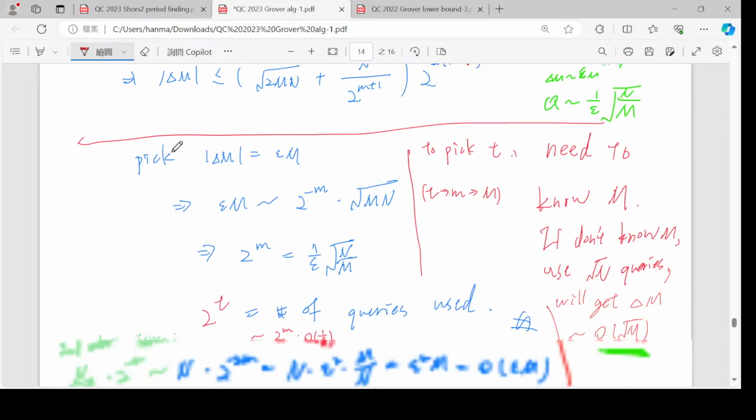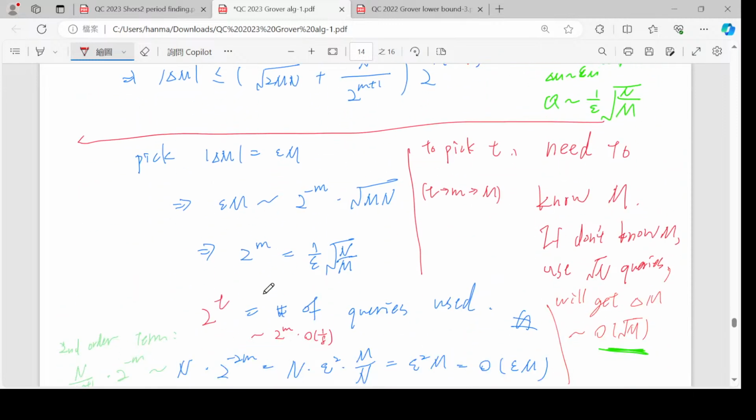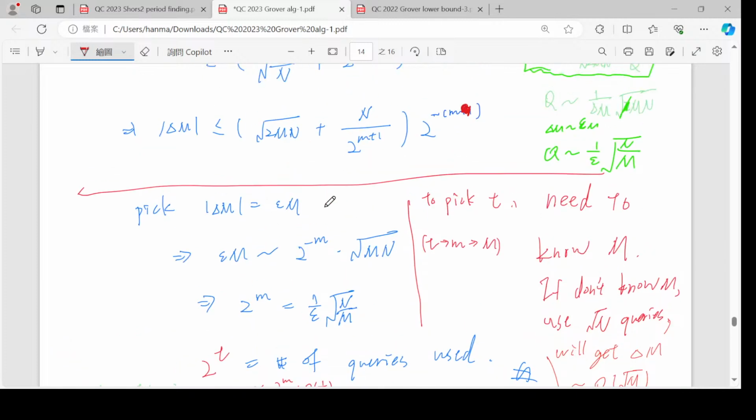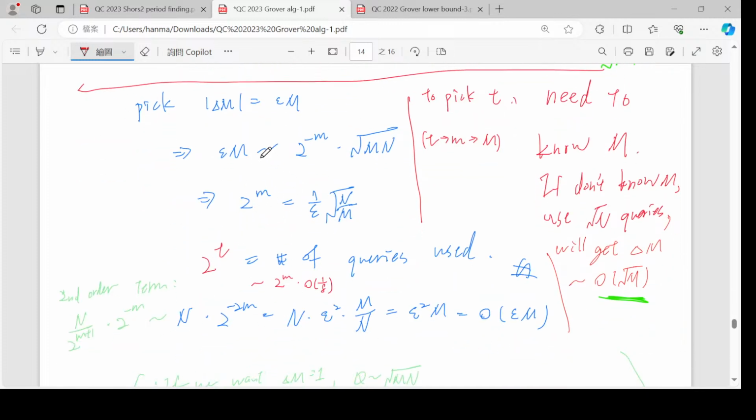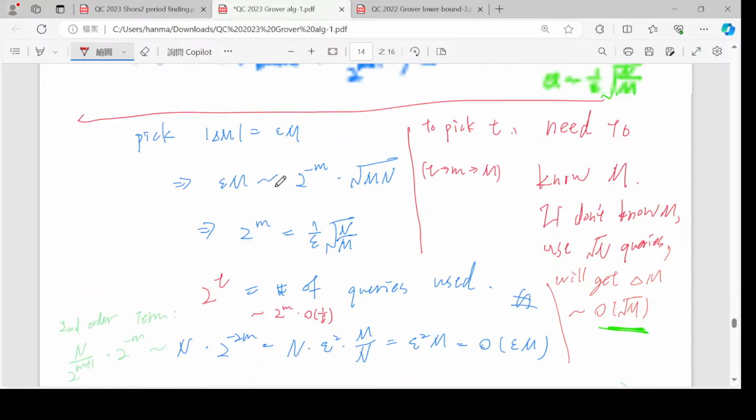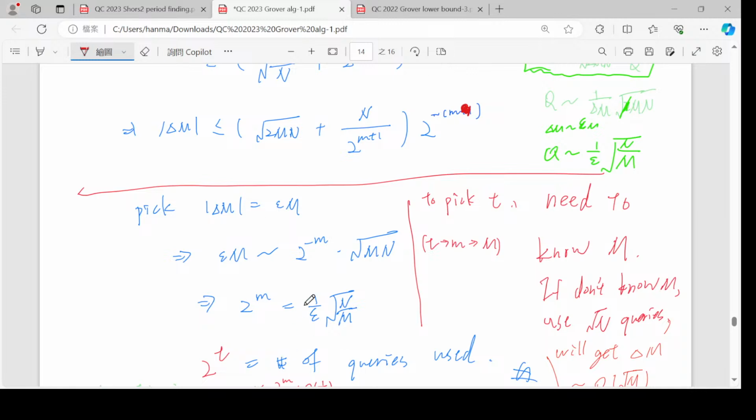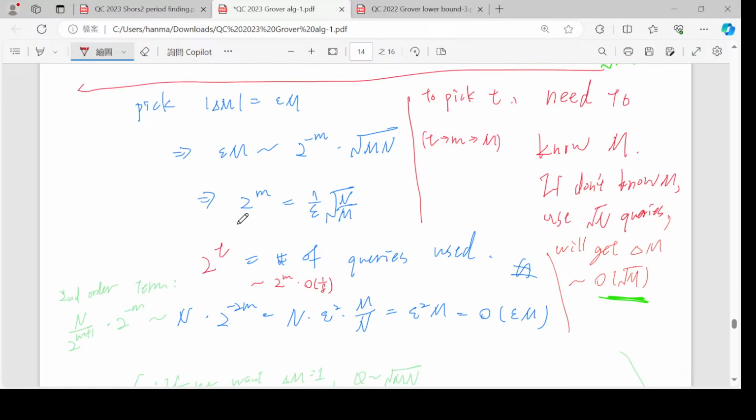If we ignore the second order term first, then we will have epsilon m is about 2 to the minus m times the square root nm, and let's forget these 2. So about order 2 to the minus m times square root nm. So we'll have 2 to the m about 1 over epsilon, and m dividing here, so square root n over m.